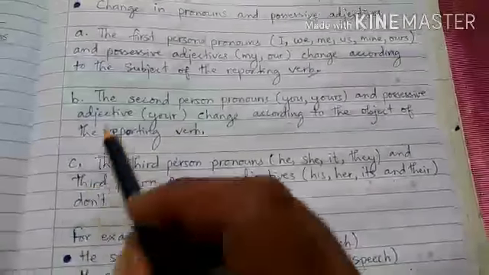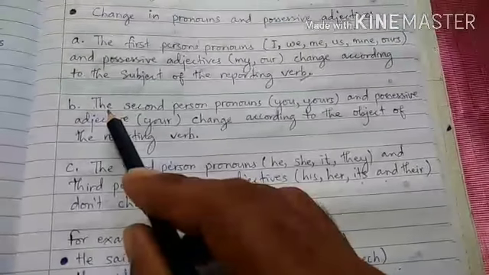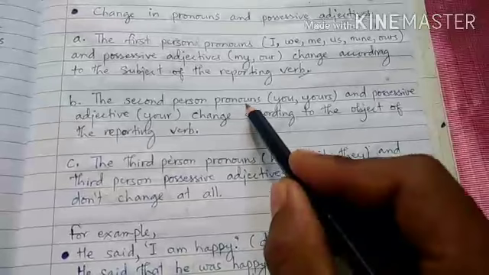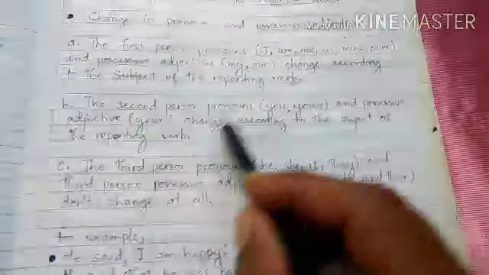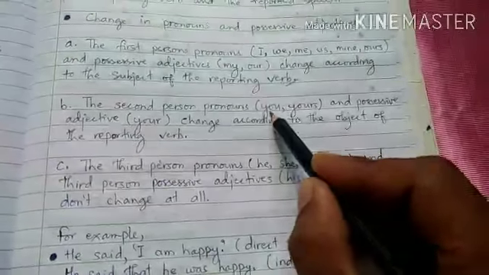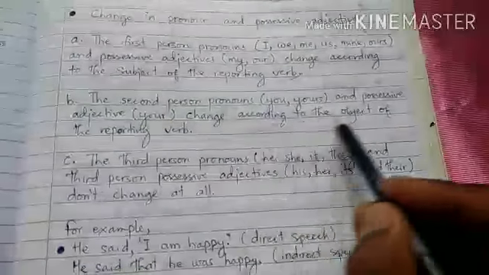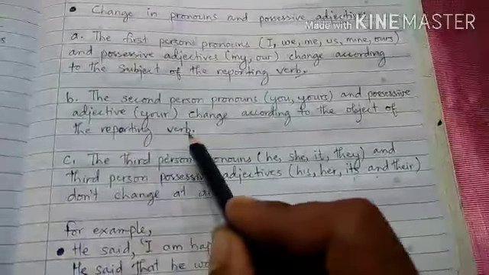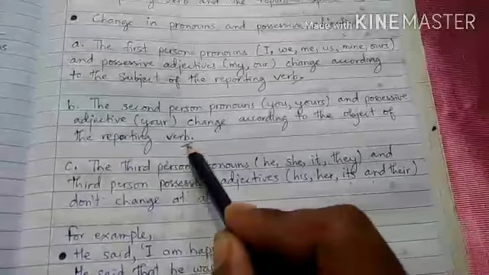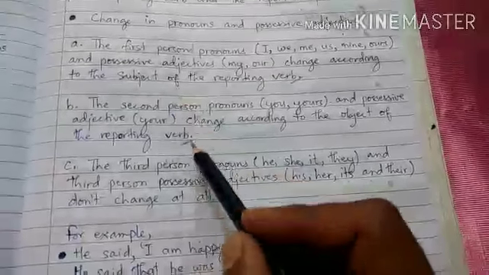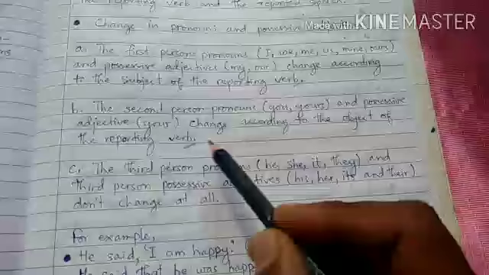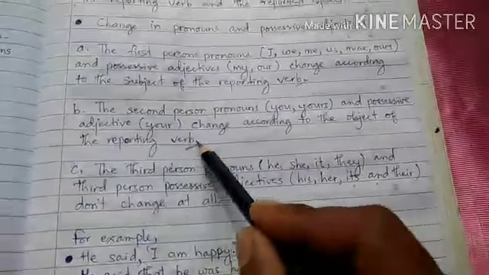Okay, now next is the second person pronouns. The second person pronouns, you and yours, and possessive adjective your change according to the object of the reporting verb. So if we are changing from subject to object, it changes according to the requirement of the sentence.